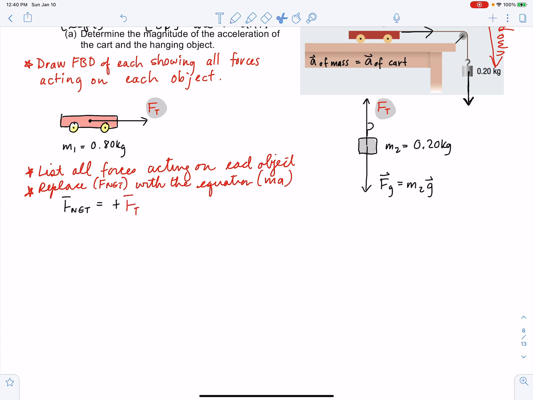So in the first step, I listed all the forces on the object. In the second step, I'm going to replace this term here, net force, with MA. But to be specific, we're talking about M1A because we're looking at the mass of object number 1. So M1A is equal to the force of tension.